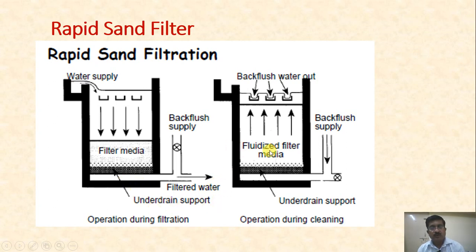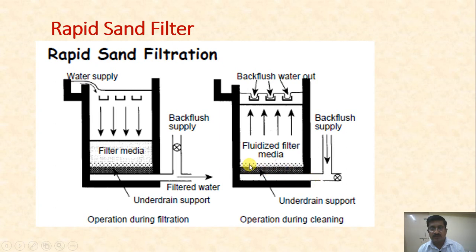Now when the backwashing is carried out, what is done? You can see here the backflush supply is provided. The influent water is closed, and the valve to the filtered water supply is also closed. Now the backwash supply is here, and with the water, compressed air is also supplied.